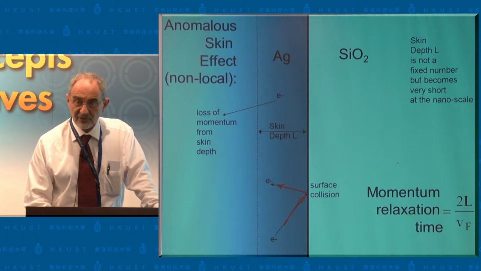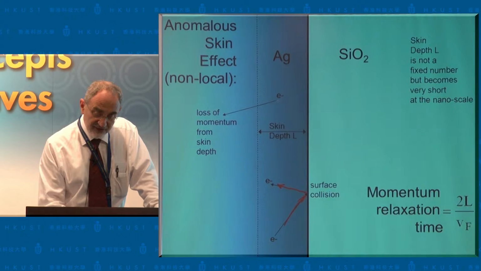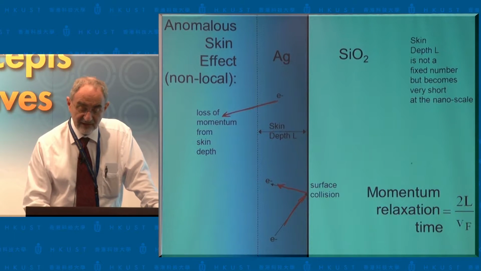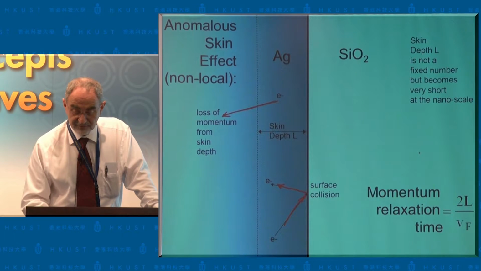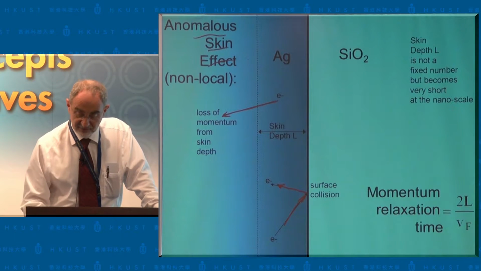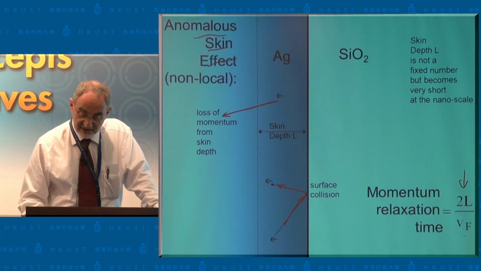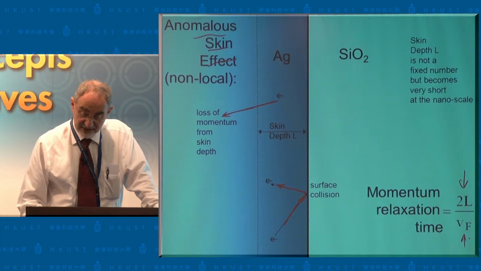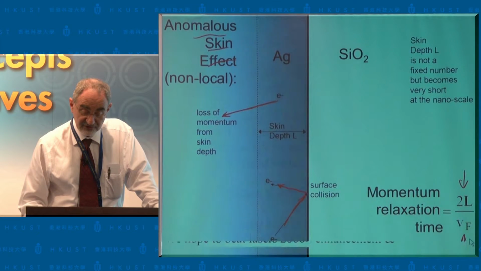What people sometimes overlook is that an electron merely leaving the skin depth takes the optical AC momentum with it, and that also acts as a kind of loss mechanism. Both of these contribute to the anomalous skin effect. And surprisingly, the Fermi velocity of the electrons enters the relaxation time. So it has some interesting physics in it.